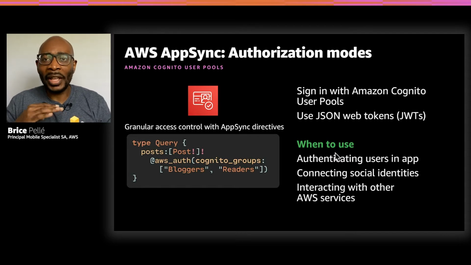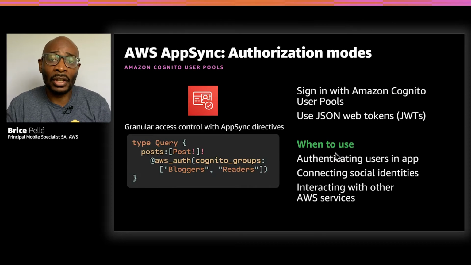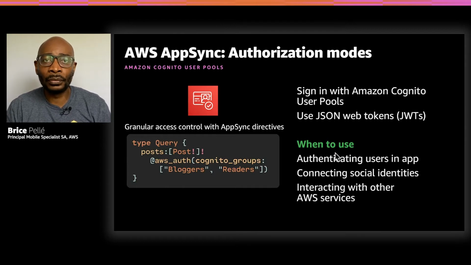So in this specific case, I don't need to write any specific business logic. I can just use the directive on the field to specify who has access. And then when I write my resolvers, I can write additional business logic by using the identity of the Cognito user to figure out what type of access that user should have. So that's also pretty powerful.